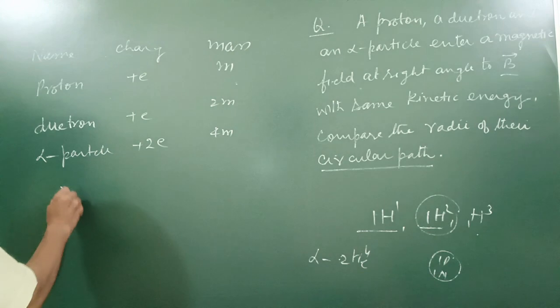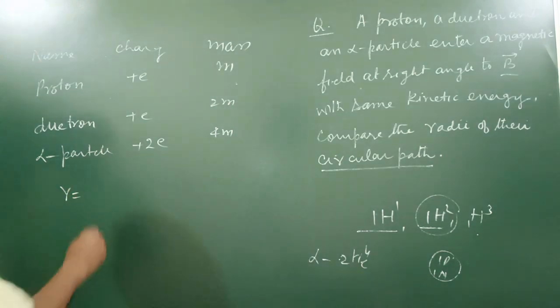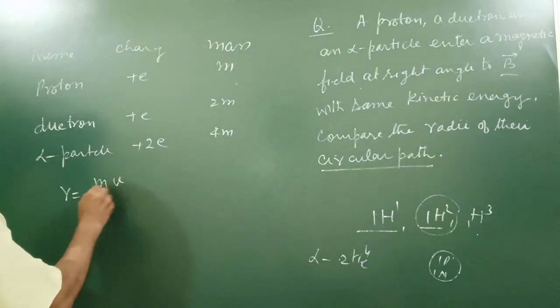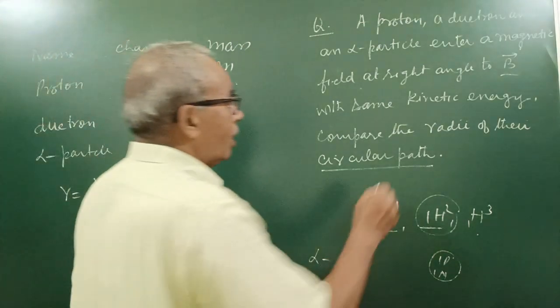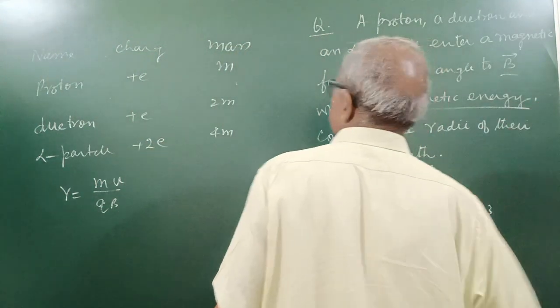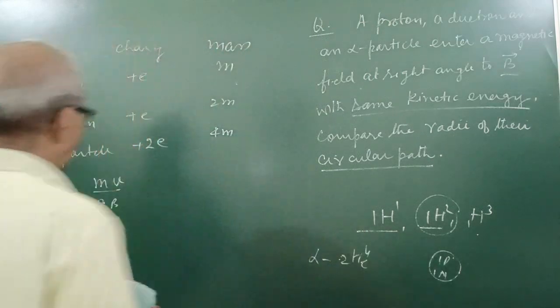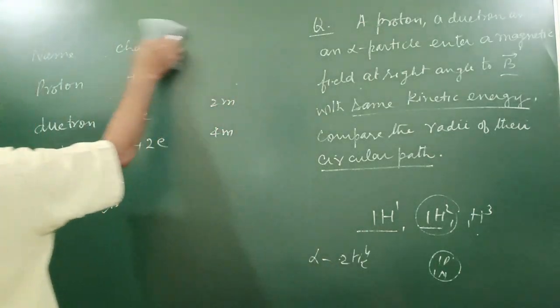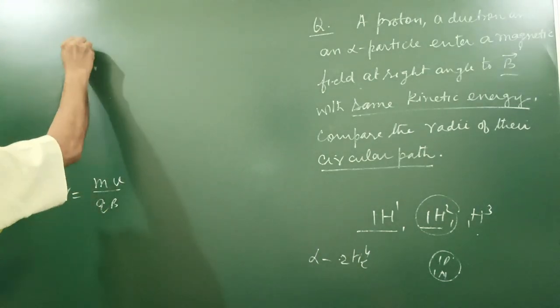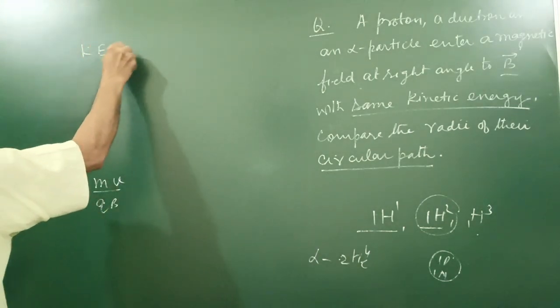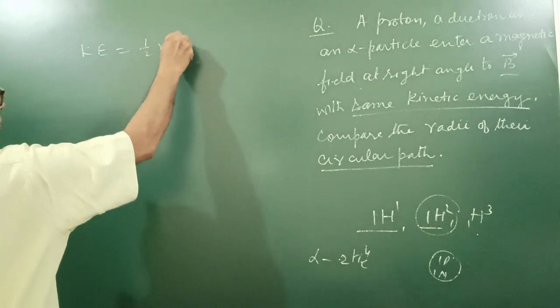You know the radius followed by a charged particle is mv upon qB. Here we are given that they have the same kinetic energy. So how to relate kinetic energy? You know very well that kinetic energy K equals half mv square.